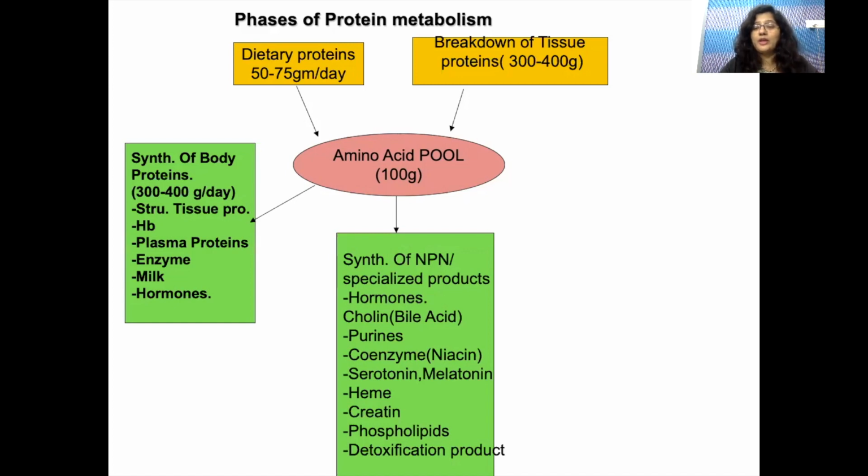These are specialized products which contain nitrogen, like hormones, choline, then nucleotides like purine, coenzyme niacin, serotonin, melatonin as neurotransmitters, even heme of hemoglobin, creatine, phospholipid, and a few detoxification products, which are all synthesized from amino acids.